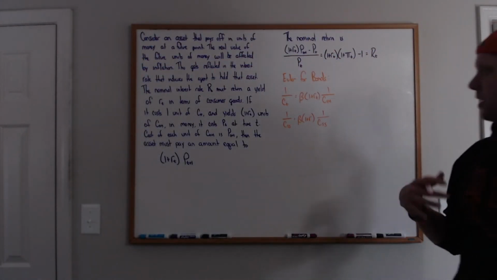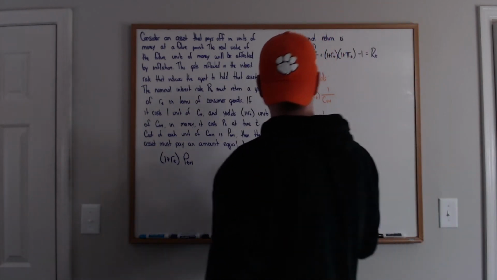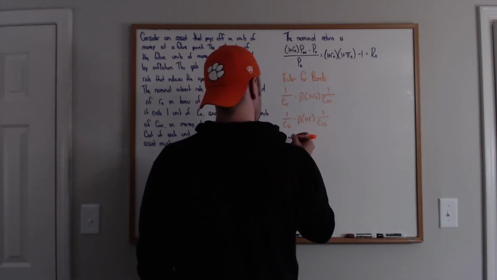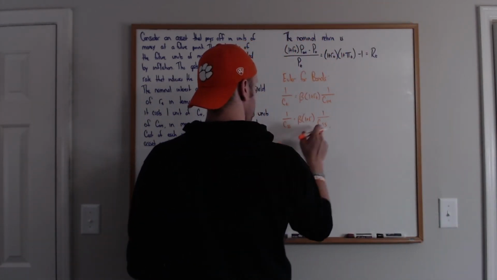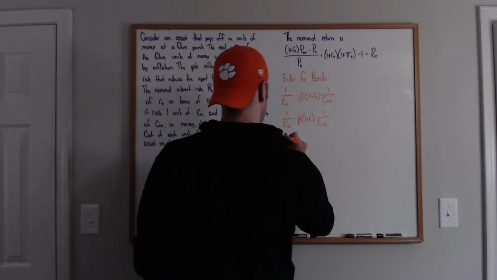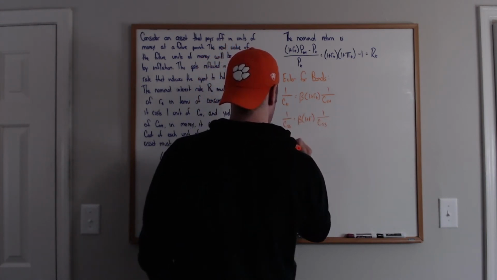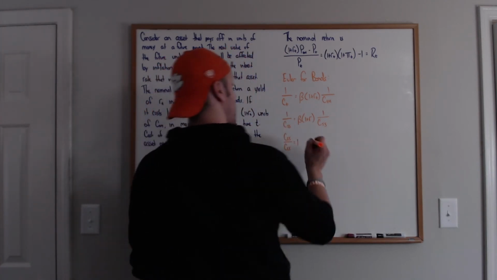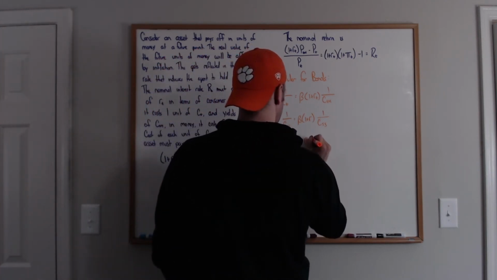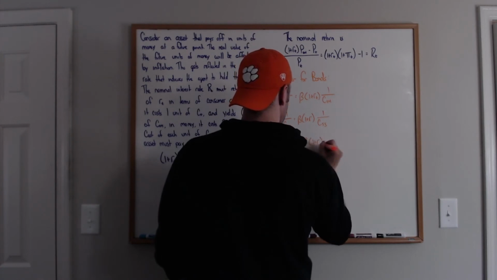And if I were to try to find the steady state, well, 1 over C_SS, 1 over C_SS, multiply both sides by C_SS. So I get C_SS over C_SS, which is just equal to 1, equals beta times 1 plus the real interest rate.